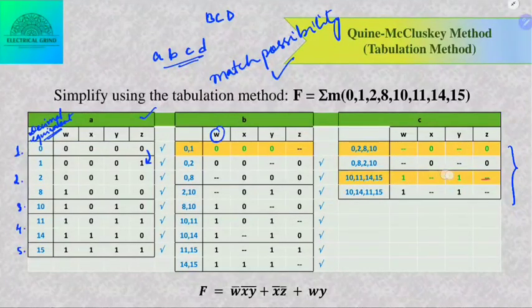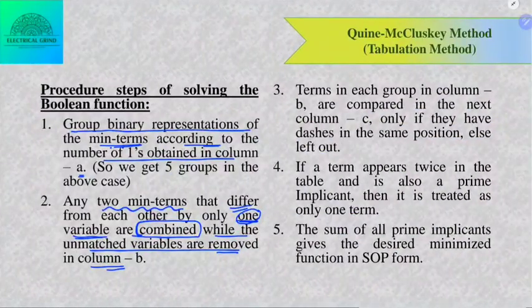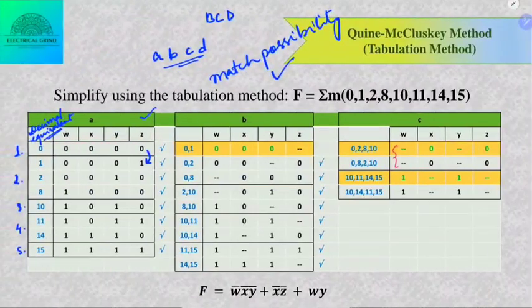Now we will see what we need to do if there are the same combinations. If a term appears twice in the table, then it is also a prime implicant. So we'll have to check here if it is a prime implicant. Yes, there are no matching possibilities, so these are the final prime implicants.